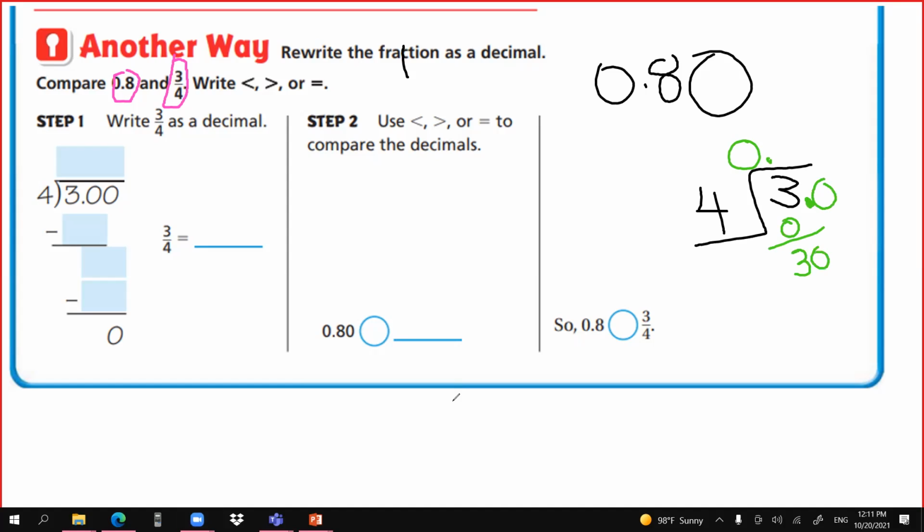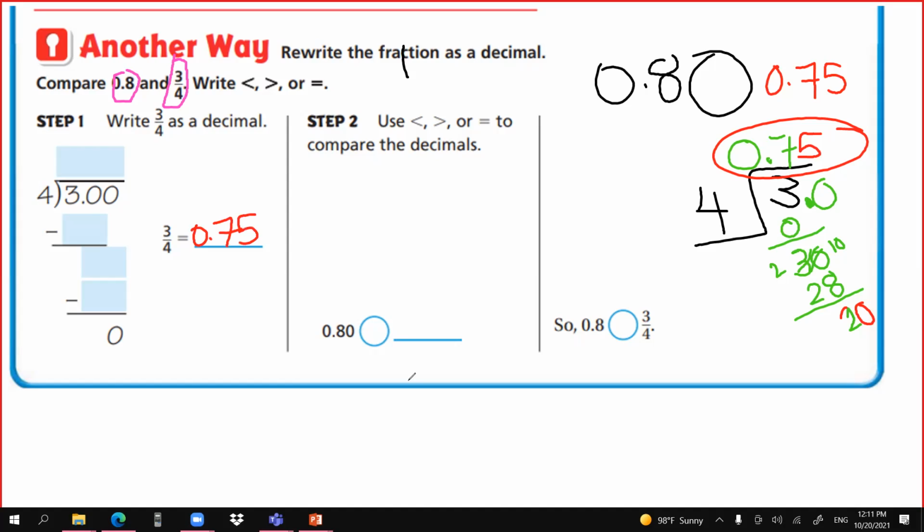Then 30 divided by 4 is 7. 7 times 4 is 28. This is 10, this is 2. So the remainder is 2. Then I'll bring down a new 0. 20 divided by 4 is 5. So now after I convert it, it comes 0.75.